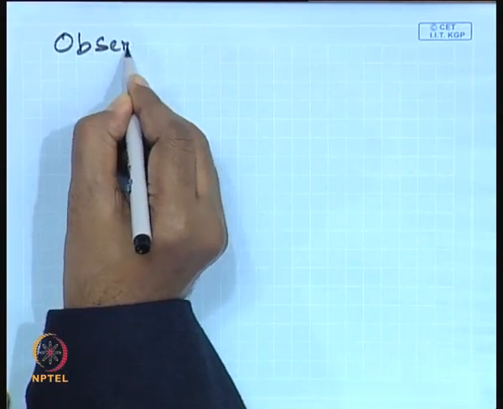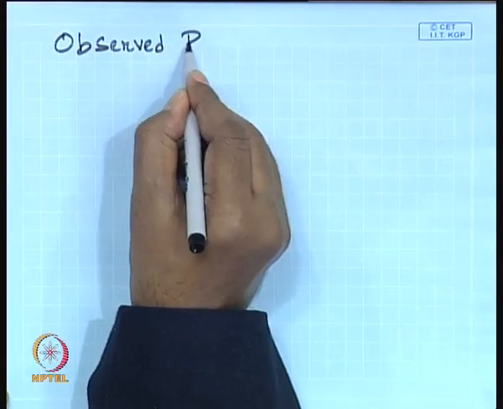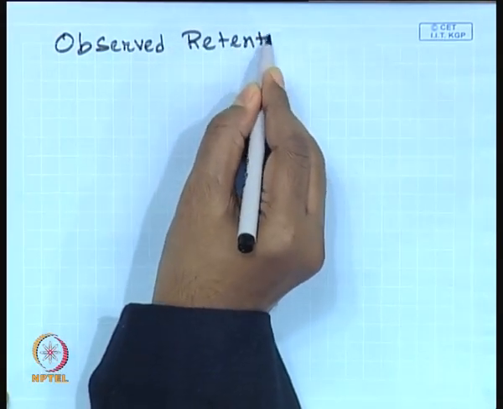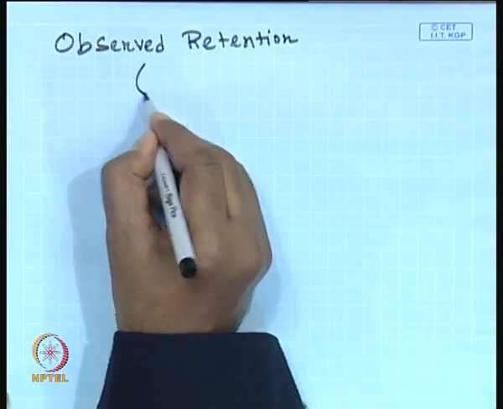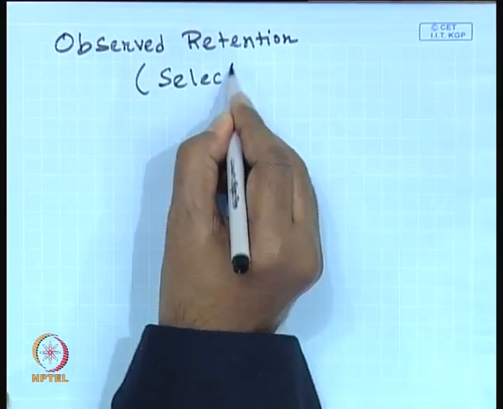Okay. The next important definition will be observed retention. It indicates selectivity of the membrane.